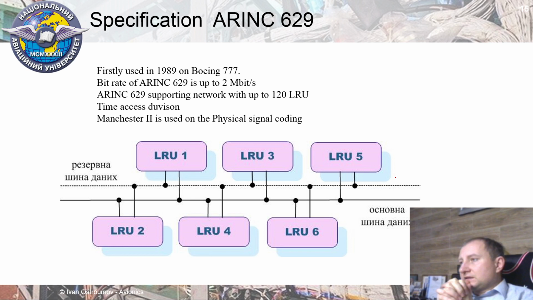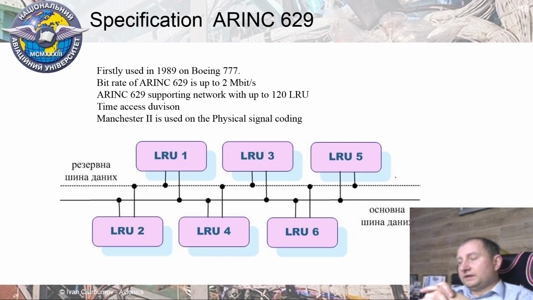This standard supports network topology up to 120 LRUs. And of course, it uses Manchester coding at the physical level of the signal, as in MIL-1553, to extract noise influence, or delete noise, and get double power of signal at the receiver side.